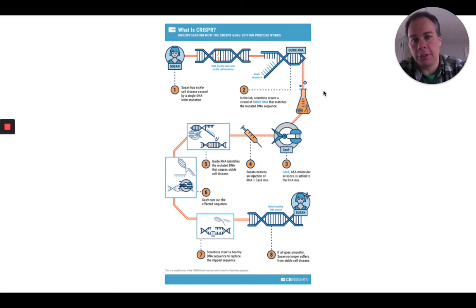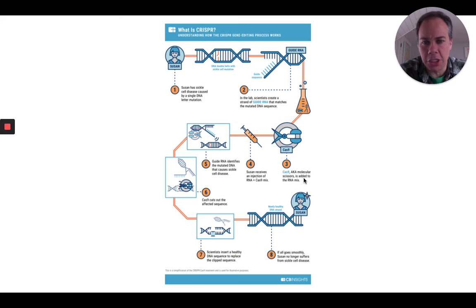For example, this diagram shows a woman that has sickle cell disease. It's caused by one single mutation in the DNA. So scientists can use CRISPR-Cas9, this set of chemicals, to target that gene, that damage. Okay, they can add to it a corrected version of the gene.